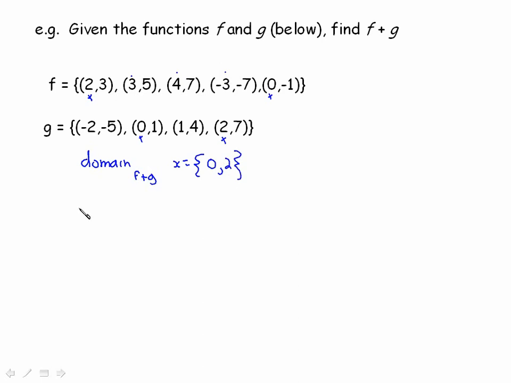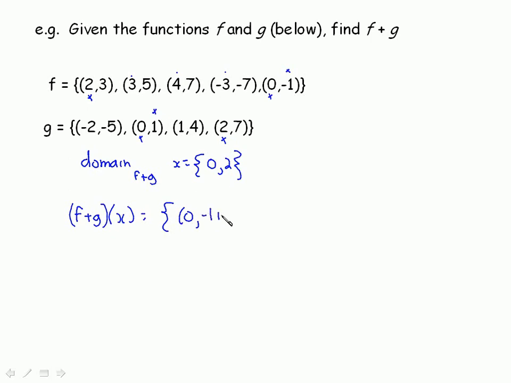And now, when we want to get the actual function itself, f plus g at x, we only work with those two x values, and we also work on the principle of addition of ordinates. Now that means that when x is 0, to get the y value in the new function, f plus g, we have to take the negative 1, the y-coordinate when x is 0 in that function, and then the y-coordinate there.